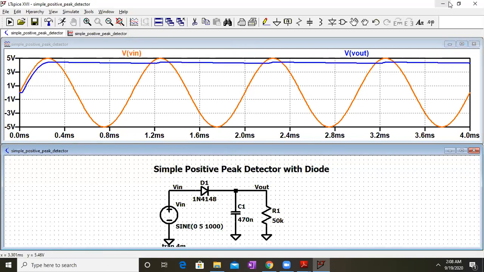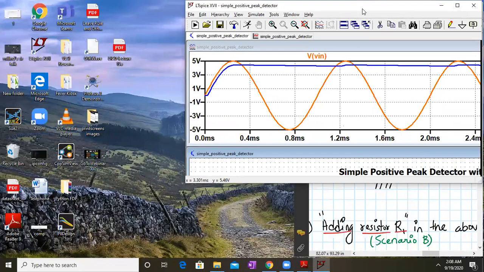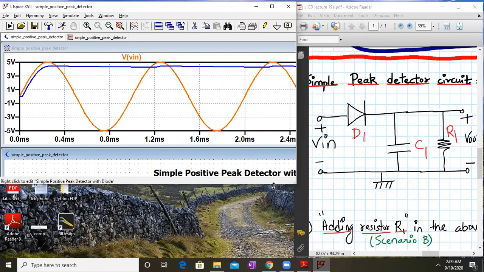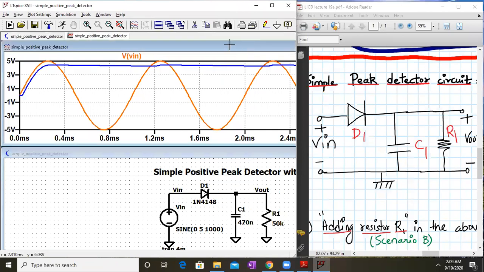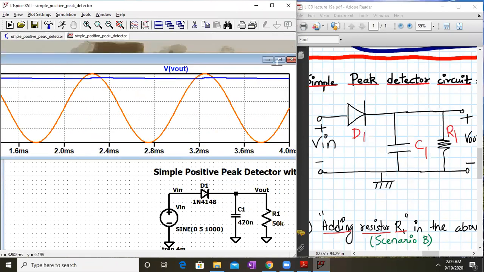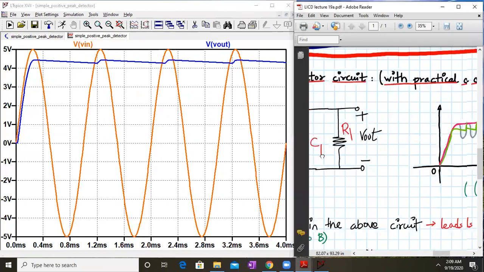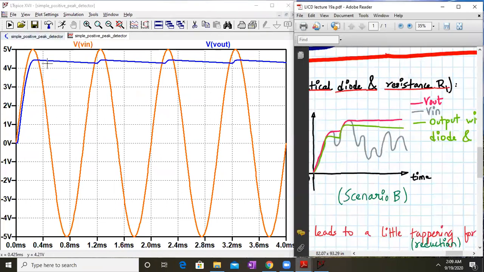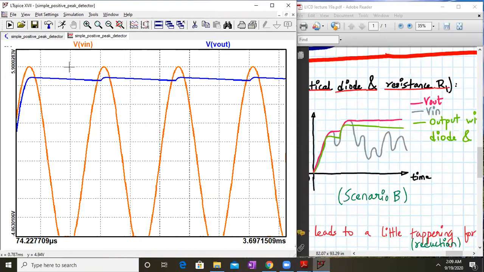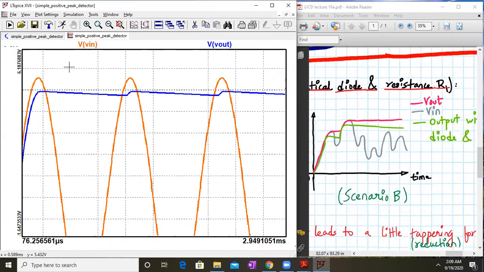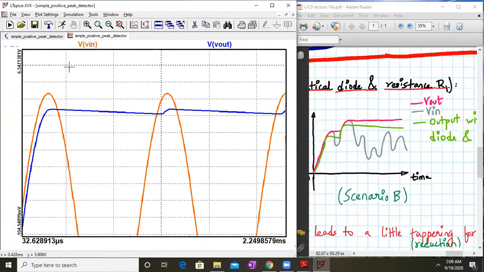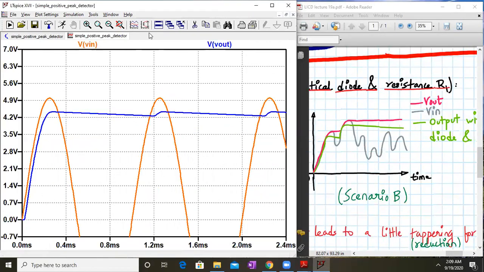Okay. So in the PDF I have shown you that there is some slight tapering, and you can observe this over here also now. This was the slight tapering of the signal. If I can expand this, let me just take a magnifier or something.